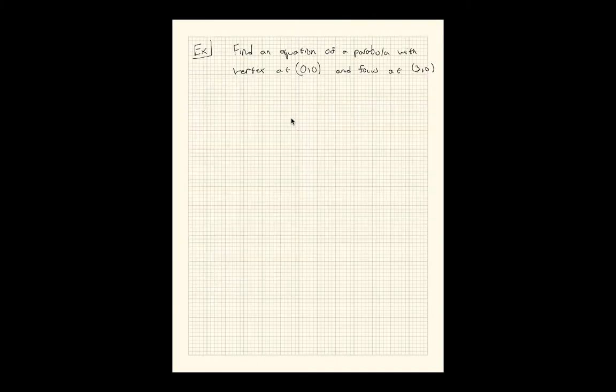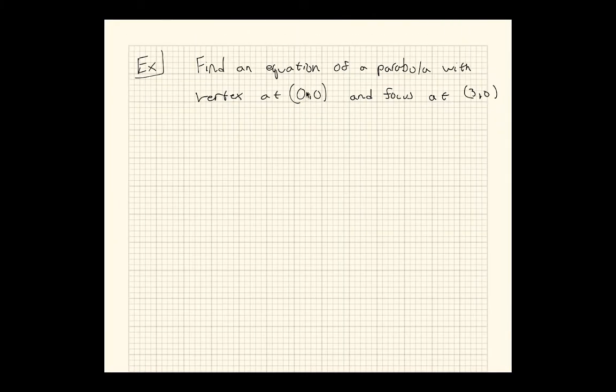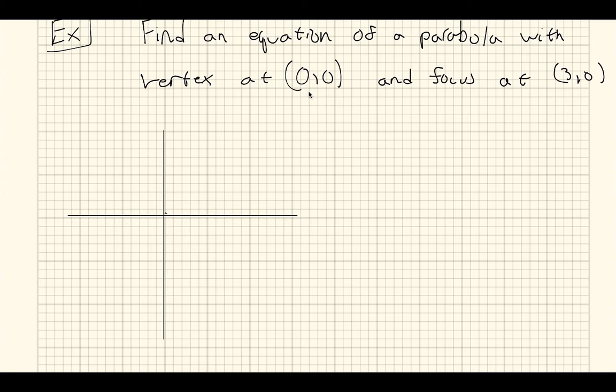So for this one, we need to think: the vertex is at 0, 0, and the focus is at 1, 2, 3, okay, 3, 0. If that's point F, here's the vertex, you should be able to tell which way this opens by this information.